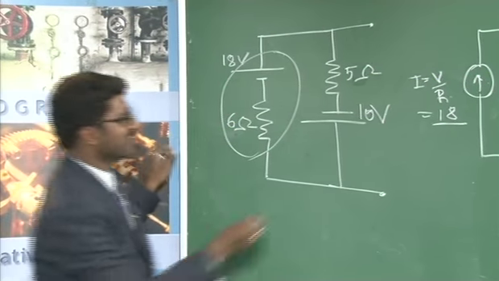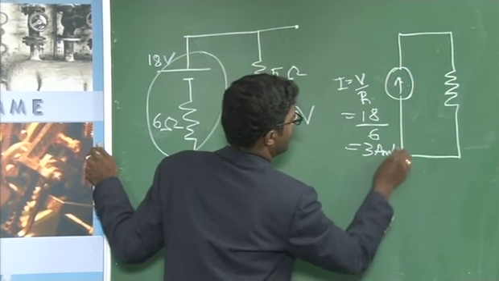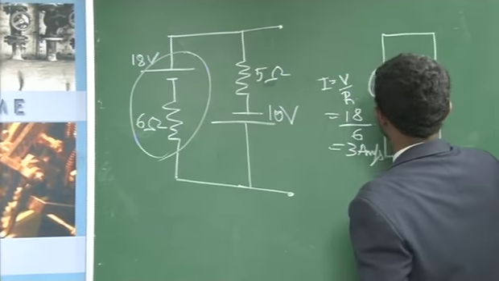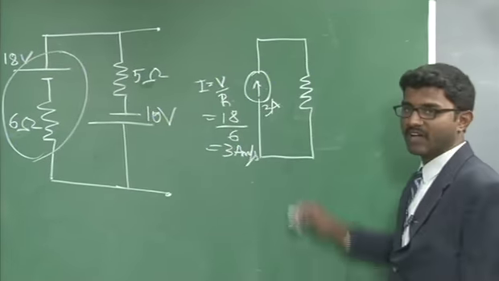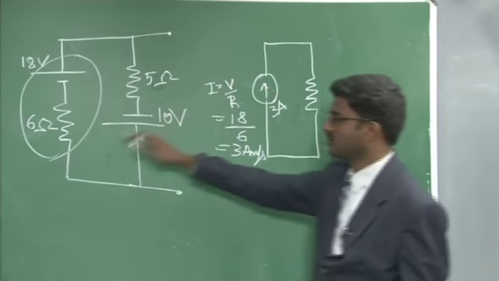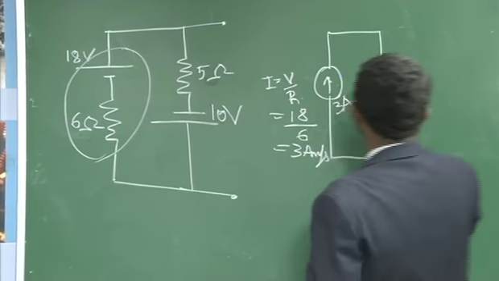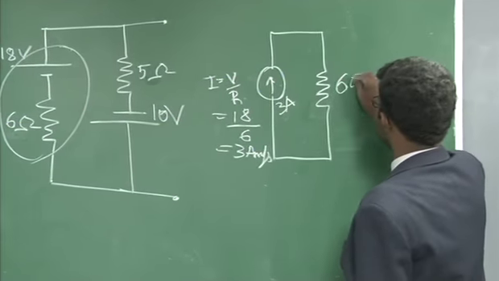R is given as 6 ohm. So 18 by 6 will be equal to 3 amps. This current source has a magnitude of 3 amps. And what will be your parallel resistance? Your parallel resistance will remain as the source resistance in your voltage source. That is, even here it is given as 6 ohm. Your parallel resistance will become 6 ohm.